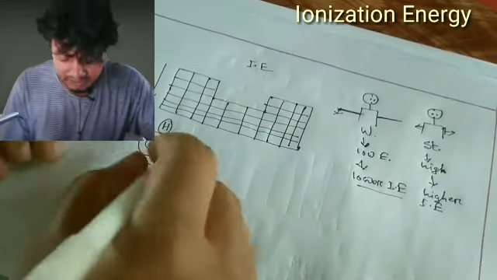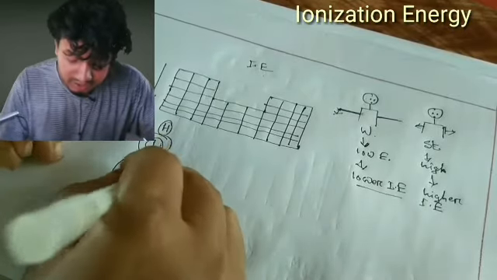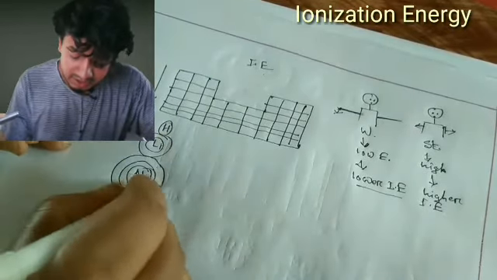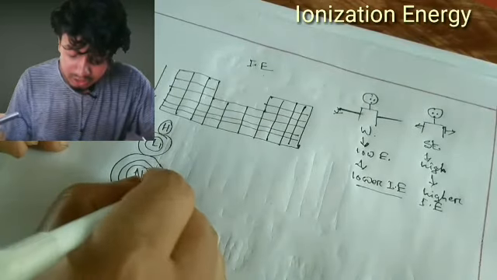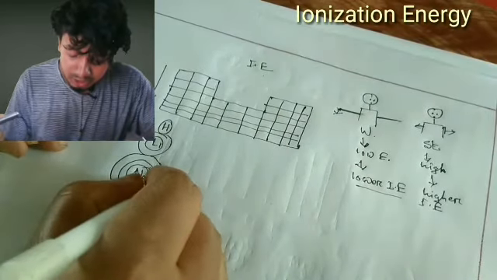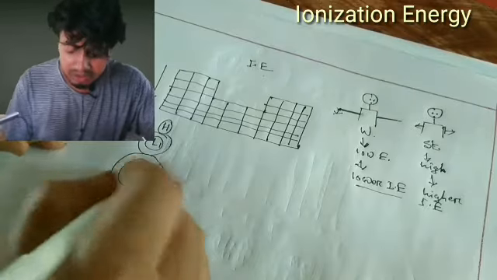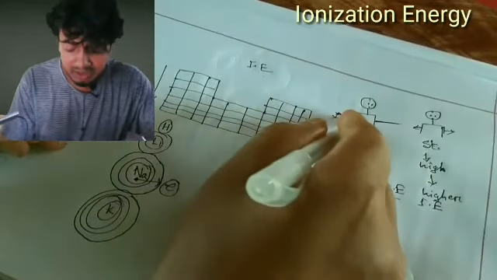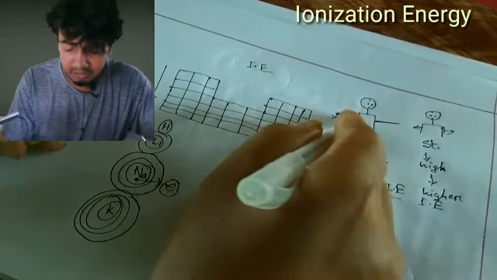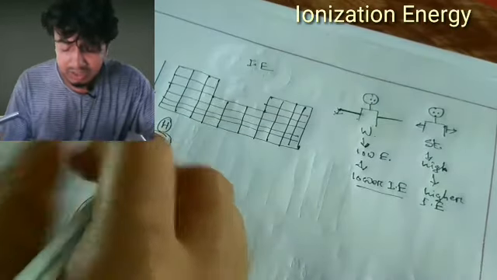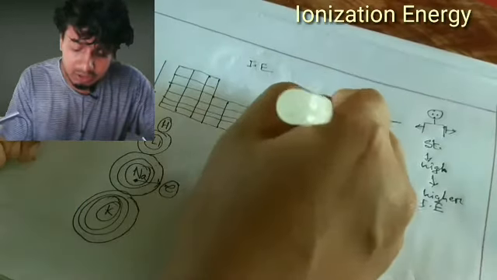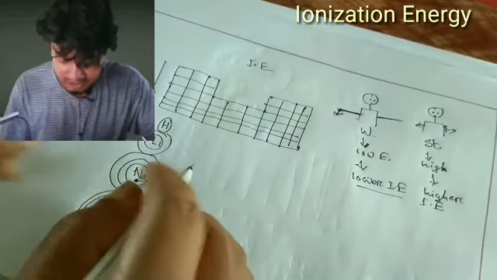Because of their bigger size, the nucleus has a lower attraction to the outer shell electron. It is like a big man relaxing with his hand and just holding his bag easily, and you need lower energy to snatch that bag.